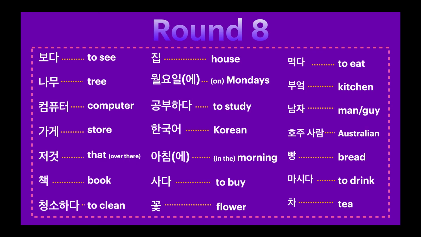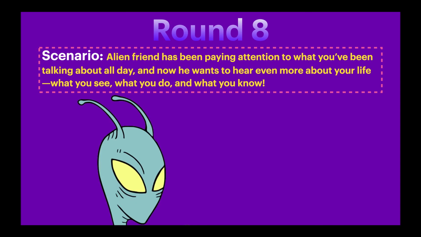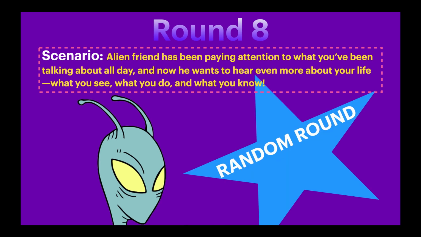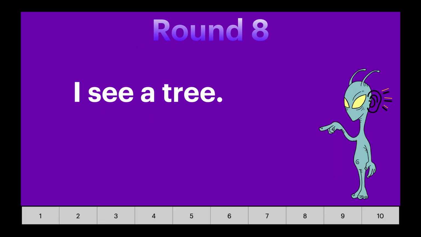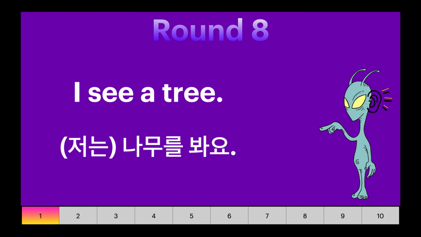And the final round, round 8. Alien friend has been paying attention to what you've been talking about all day, and now he wants to hear even more about your life, what you see, what you do, and what you know. Which means that this final round here is the random round. Starting with, I see a tree. 저는 나무를 봐요.